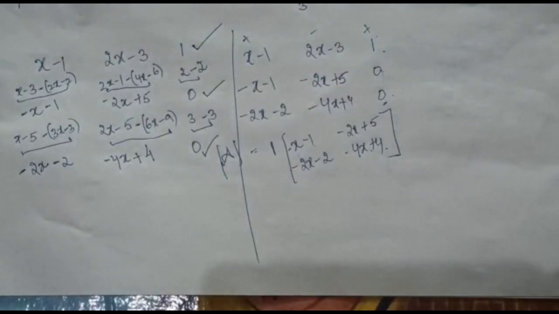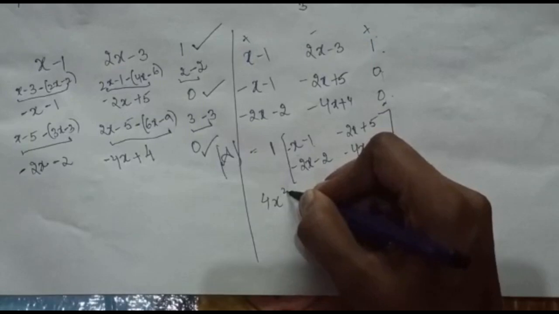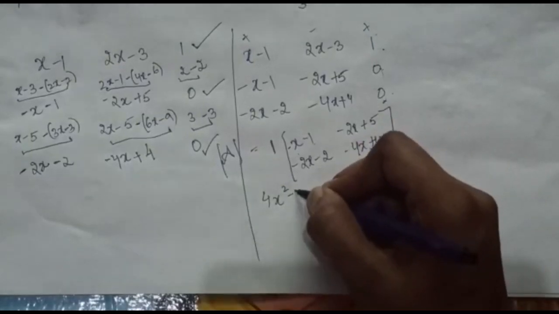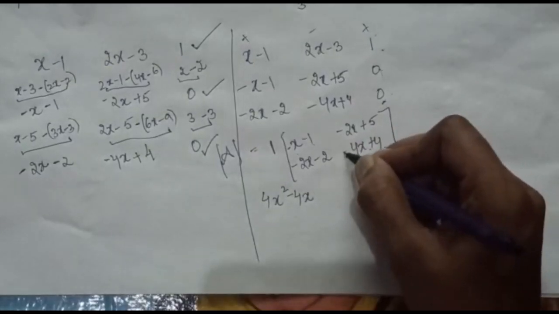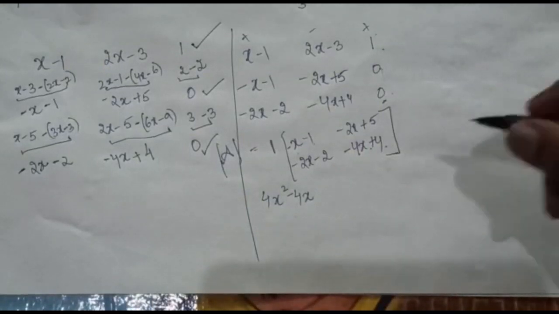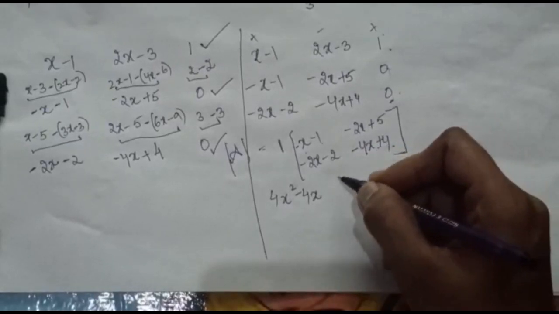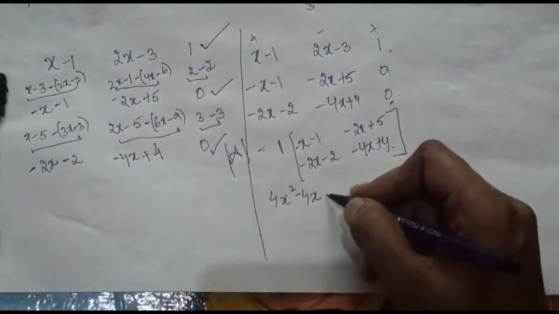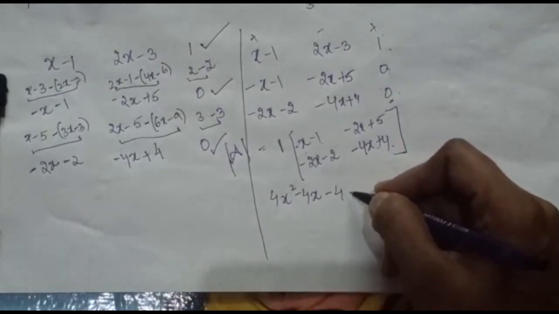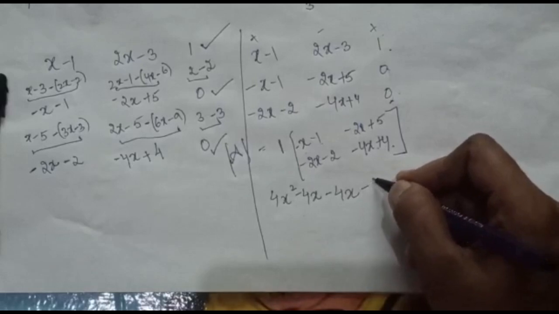This will be 4x square, then minus 4x, because here we have minus 4x, again you will get minus 4x, then minus 4.